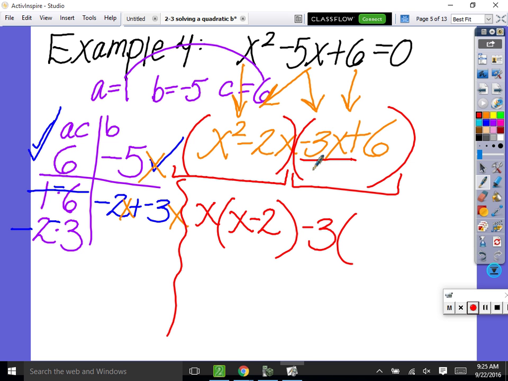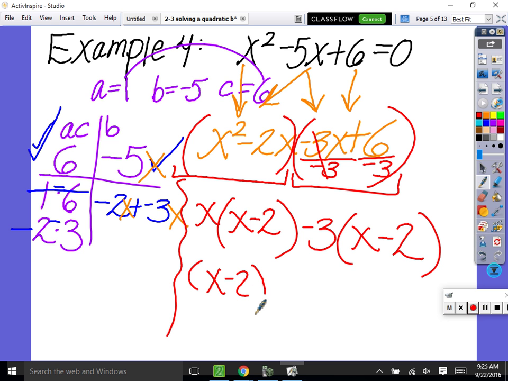So divide each term, careful here, I'm going to write this one, negative 3. So then left is x. Positive 6 divided by negative 3 is negative 2. Our parentheses are the same. We know we factored it correctly, so we can factor out x minus 2. So then doesn't it divide out, leaving us with x minus 3.